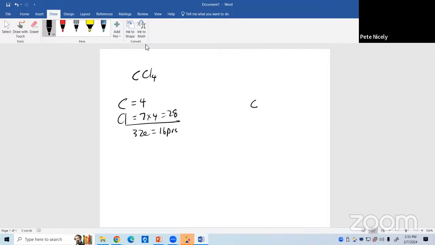We put the carbon in the middle, surrounded with the chlorines. We put the bonding pairs first. 1, 2, 3, 4. Then we put the non-bonding pairs on the chlorines. 5, 6, 7, 8, 9, 10, 11, 12, 13, 14, 15, and 16. All right? So that's the Lewis structure.